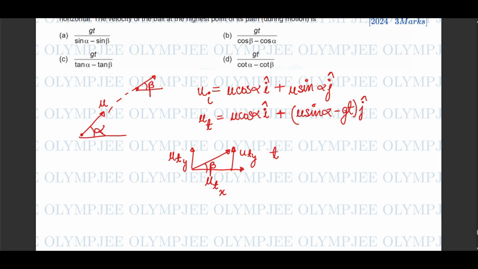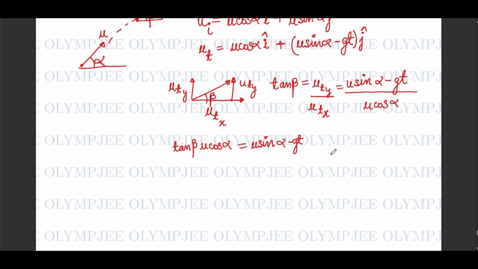So we get that tan beta is vy by vx, which is u sin alpha minus gt divided by u cos alpha. So taking u cos alpha on that side, we get tan beta multiplied by u cos alpha is equal to u sin alpha minus gt, and we need to find u.